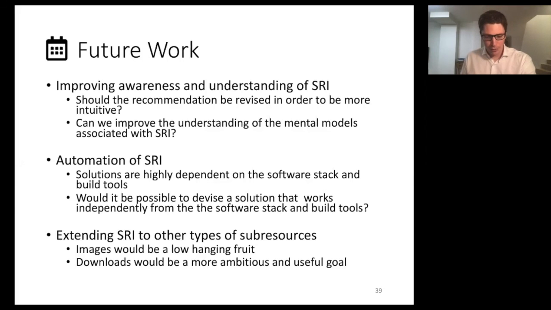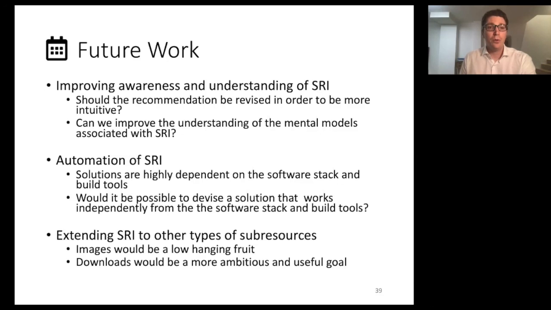So regarding the future work, what we would love is first improving the awareness and understanding of SRI. For instance, should the recommendation be revised in order to be more intuitive? Or can we improve the understanding of the mental models associated with SRI?